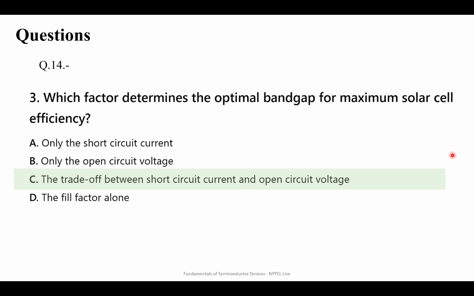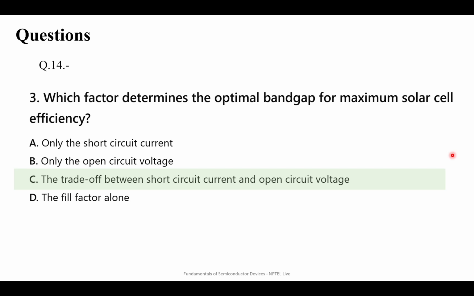If you go to a very high band gap, your short circuit current will reduce, because then you are losing out on the solar spectrum. So there should be a trade-off between your short circuit current and open circuit voltage, so that your efficiency gets maximized, and that is around 1.3 to 1.5 eV. So your optimal band gap for a solar cell should be 1.3 to 1.5 eV.